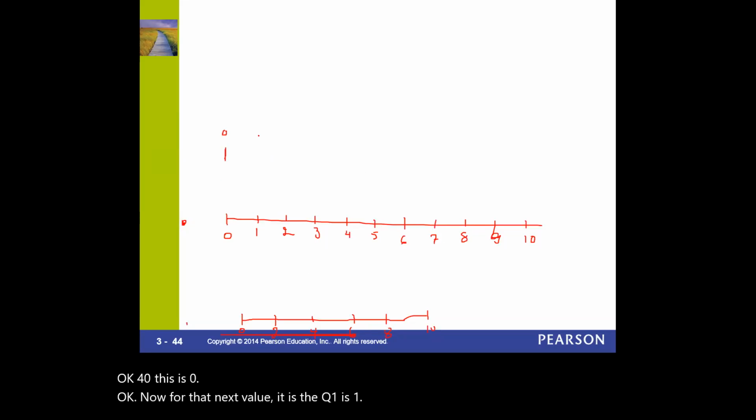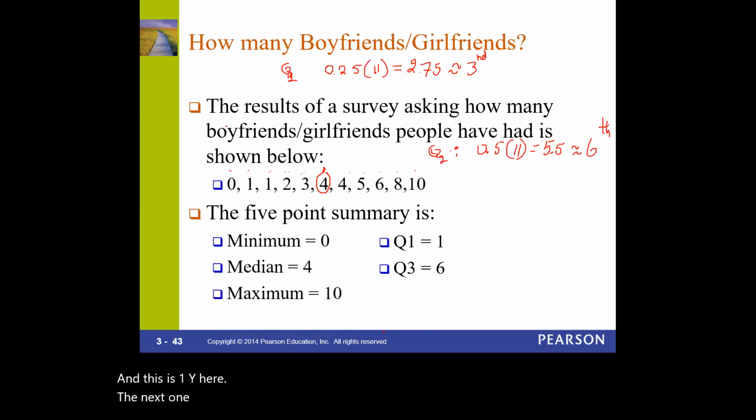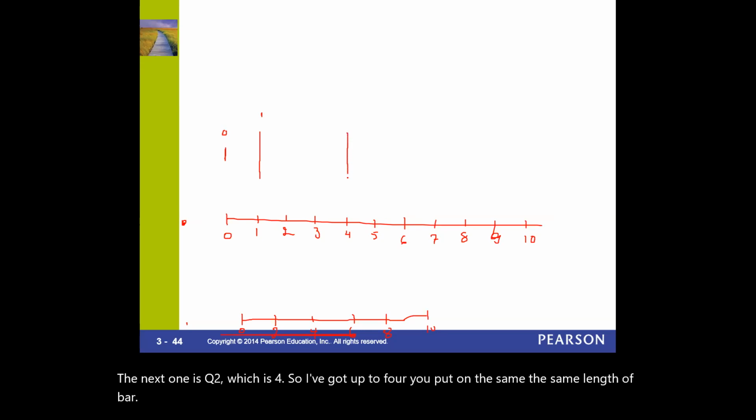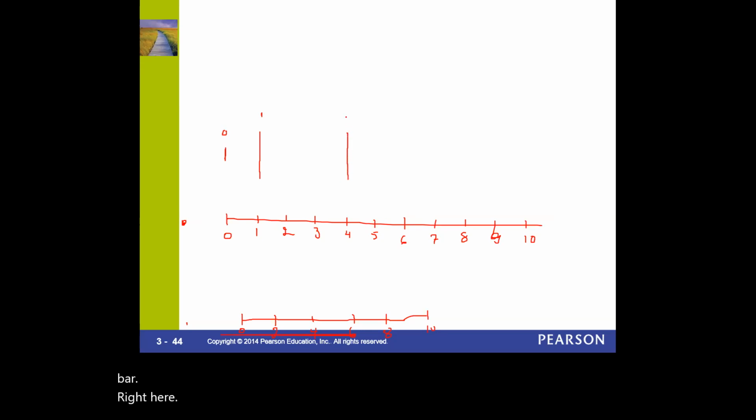For Q1, I'm going to put a longer bar. This is 1 right here. The next one is Q2, which is 4, so I go up to 4. You put the same length of bar. That's 4 right here.